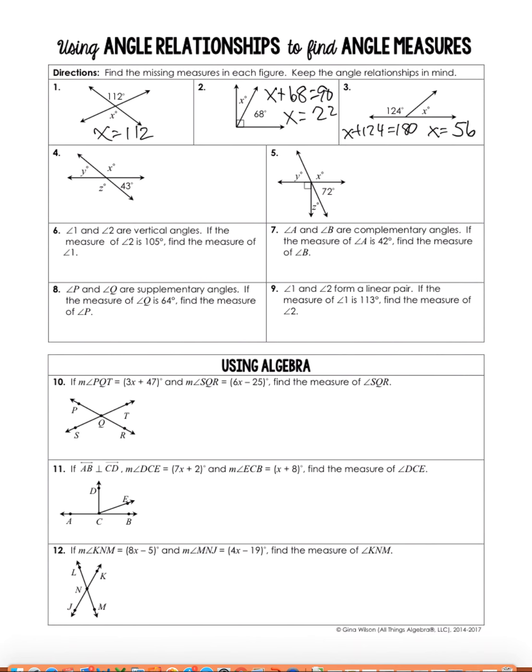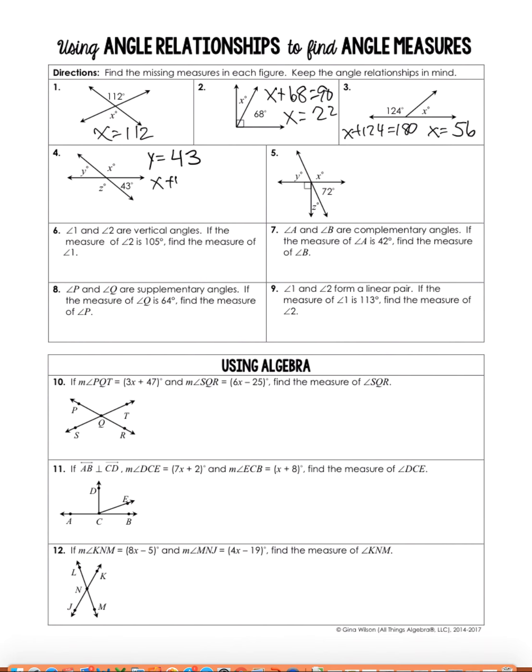All right, so number 4, we're finding all the missing things. Okay, so first, let's find vertical. We'll use our vertical angles to say that y is equal to 43. Then we'll use supplementary angles to say that x and 43 together have to make a straight line, so they have to be 180.